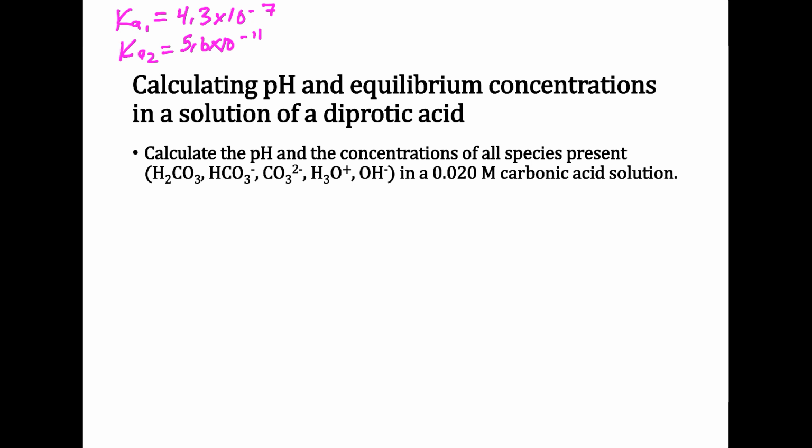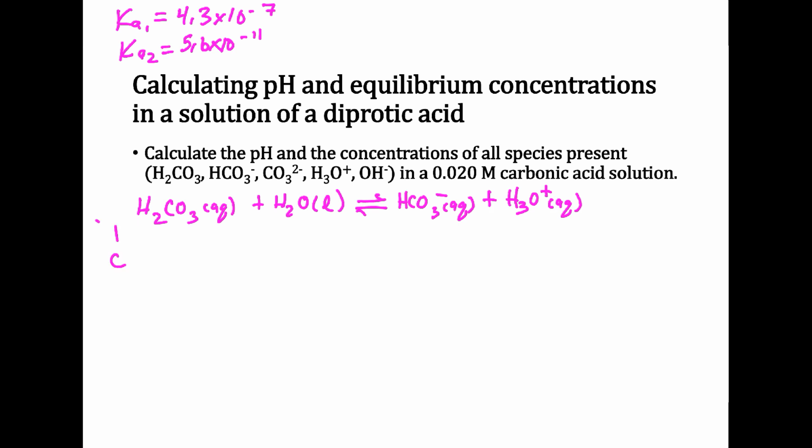What we're asked to find in this case is the pH and the concentrations of all species present. We're going to take this step by step. The first step will be to look at our acid. So we have carbonic acid dissociating in water, and that will form HCO3- plus H3O+.